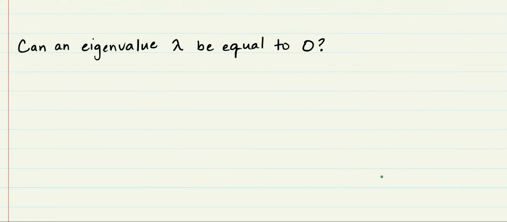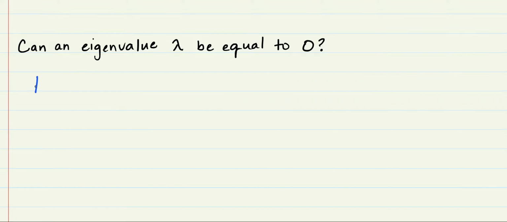The next thing I want to talk about is, can we have an eigenvalue lambda equal to 0? Let's recall the properties that we had for an eigenvalue and an eigenvector.